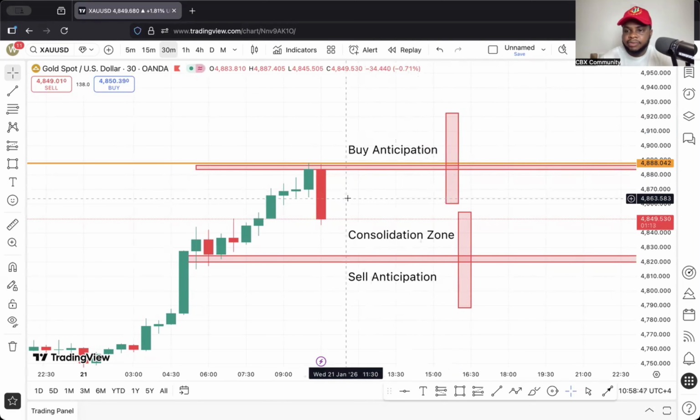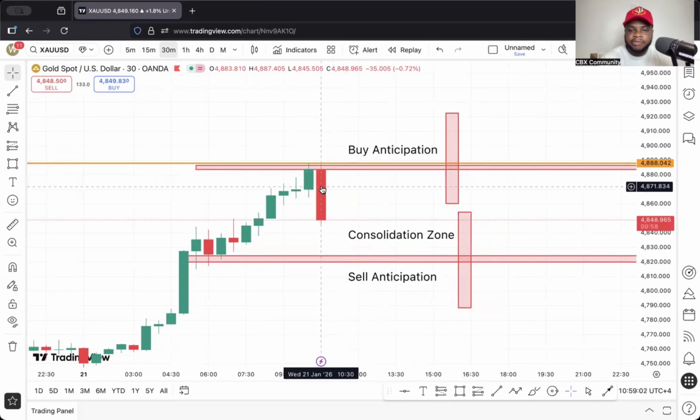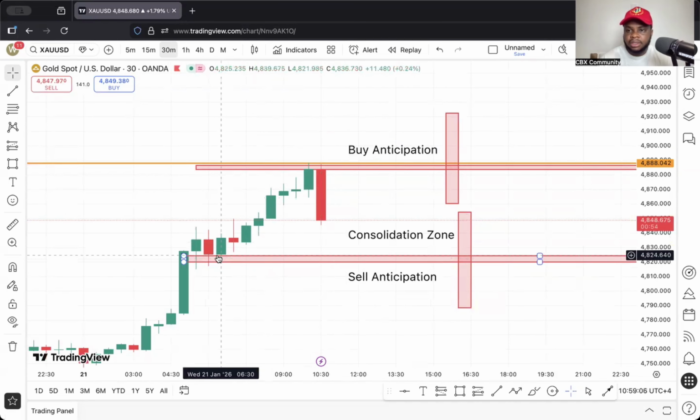So this candle is left with a minute for this candle to close. Let's see what the next candle wants to do. But the moment this candle closes with a bearish candle, that means this zone is our recent resistance, and then our buy anticipation is valid because we are able to have this candle close with a bearish candle. So this is our recent support.